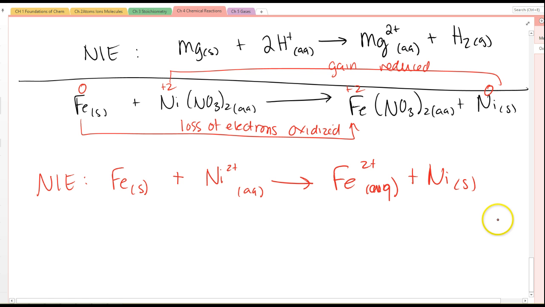And so we can look at this and try to figure out what was oxidized. It's pretty easy to see. From 0 to +2 must be a loss of electrons. So that's easy.